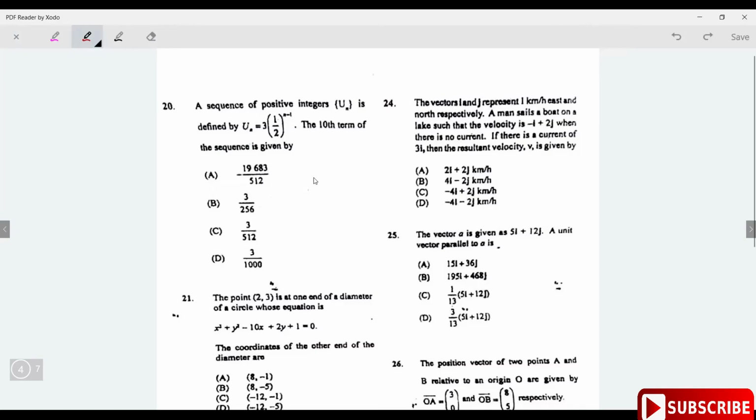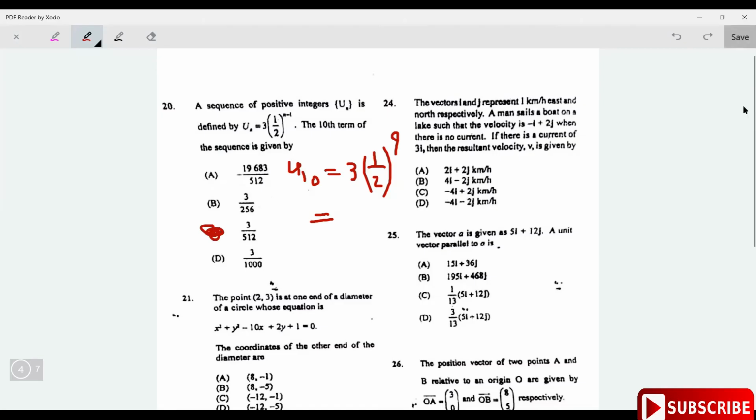So u10 is going to be equal to 3 times a half to the 10 minus 1. 10 minus 1 is 9. So it's 3 times half to the 9. You put that in a calculator: 3 times a half raised to the 9th power, which is 3 over 512. Easy question.